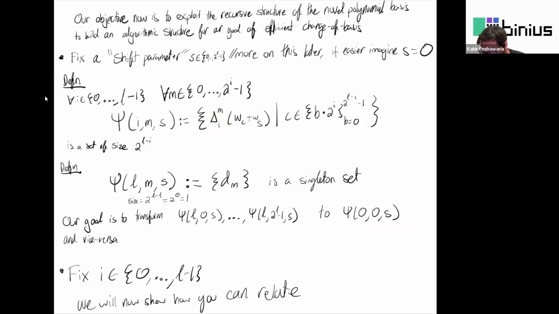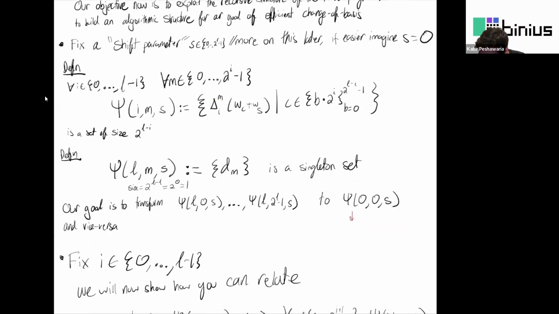What is WC? Well, when I is equal to 0, if I just unroll it, and maybe I'll write it out so it's very clear, this is going to be equal to the set of delta 00 W, let's say S is 0. And this will be like delta 0,0 of W0, delta 0,0 of W1, all the way up to delta 0,0 of W 2 to the L minus 1.